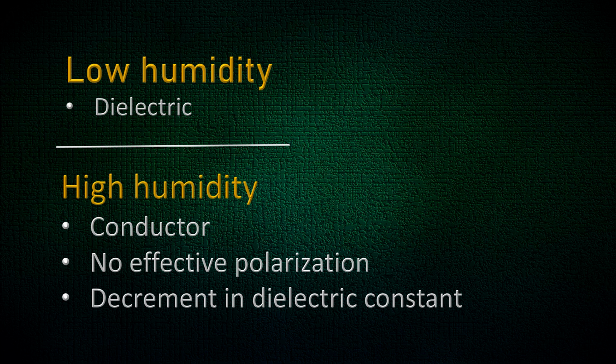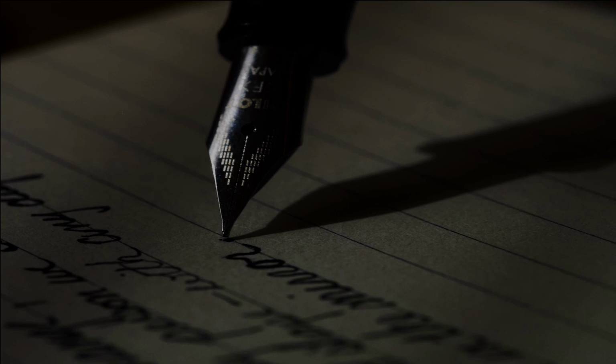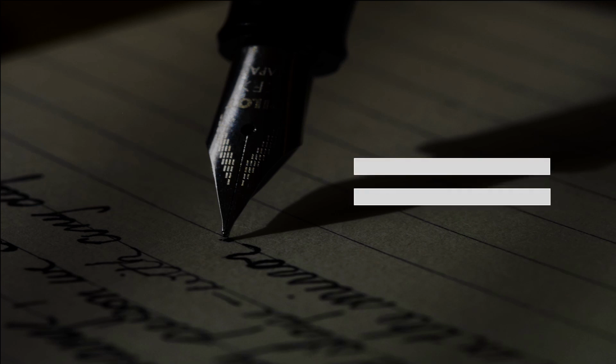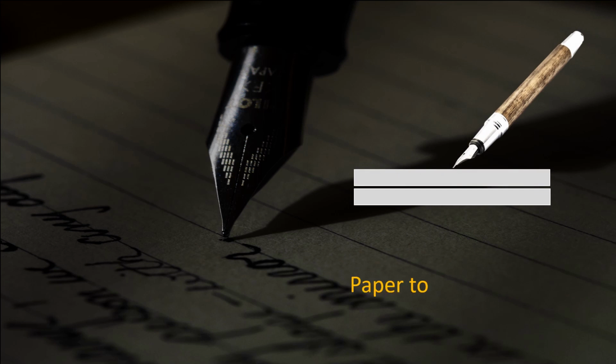So this is all about humidification, and now comes the role of paper to paper friction. Whenever we write on a paper, due to the pressure of pen, there is a friction in between the papers in areas where we are writing. Because of this, both the papers are charged, and when we remove the paper on the top, the positive ions from the atmosphere get attracted to the areas of impressions.